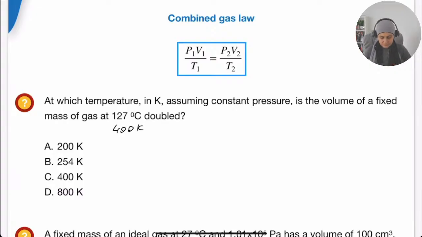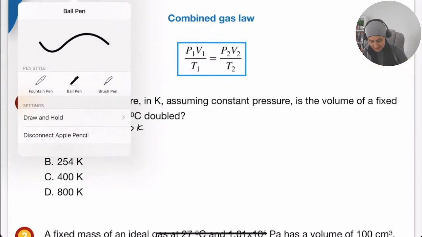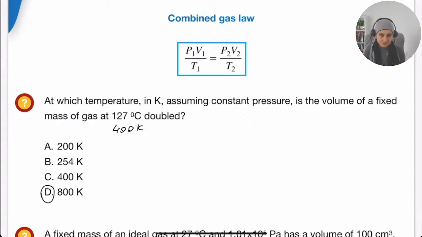What do you have to do with temperature to double the volume of gas? Well, obviously you have to heat it. If you think about a balloon with gas, if you want it to expand, do you have to heat it or cool it down? You have to heat it. So if you want to double the volume, you have to double the temperature. So the answer is D. But let's solve it mathematically and check if we're right.